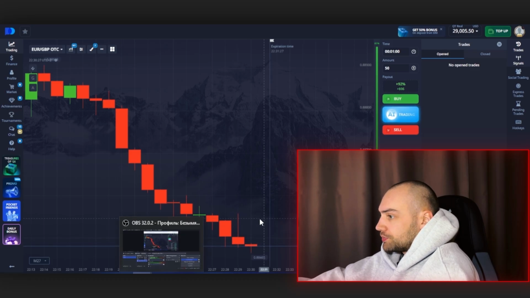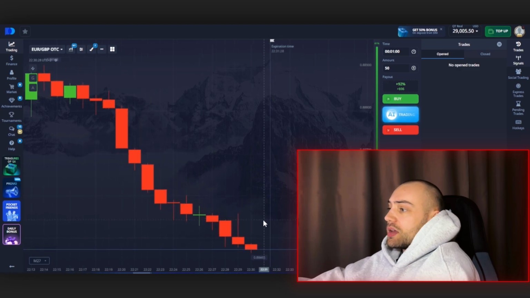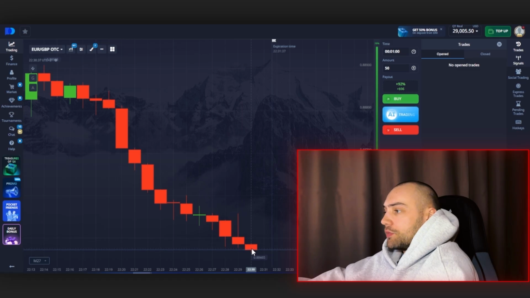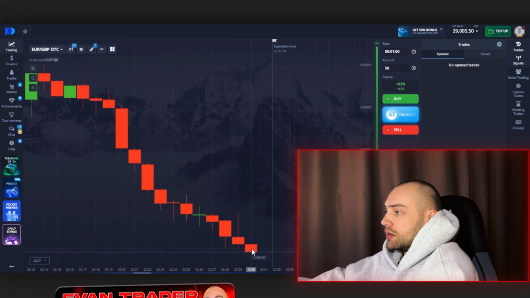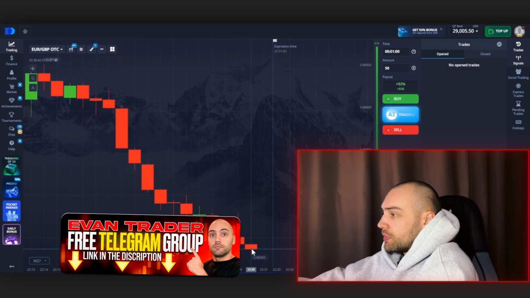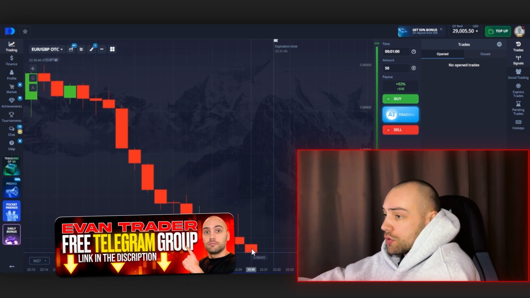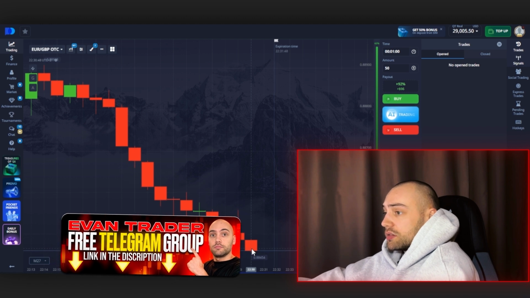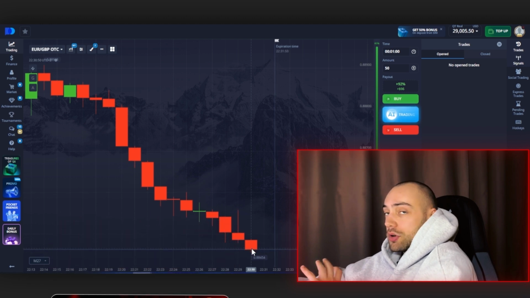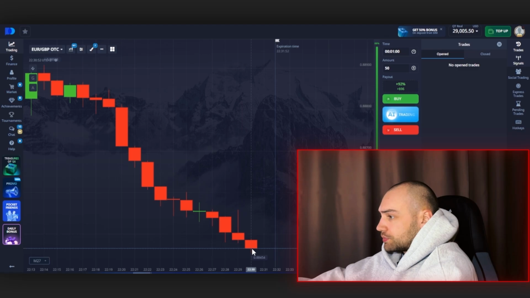For example, it's not recommended to open a buy or sell right now because based on the pullback strategy, the market can in fact reverse in either direction. It can either continue to go downward or suddenly go up. So not recommended right now.